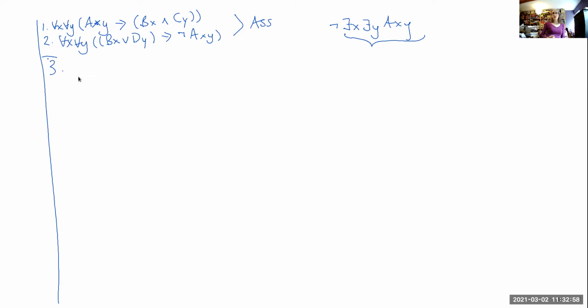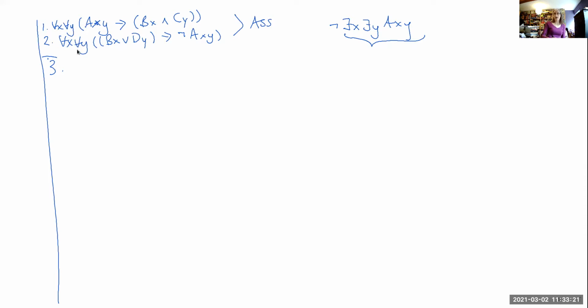I'm going to start doing universal elimination on my first premises immediately. Even though I don't have any constants yet, I'm just going to pick some. So take the first one. I've got two universal quantifiers, so I've got to eliminate them one at a time. I'm going to start by eliminating the x. It's the main connective.